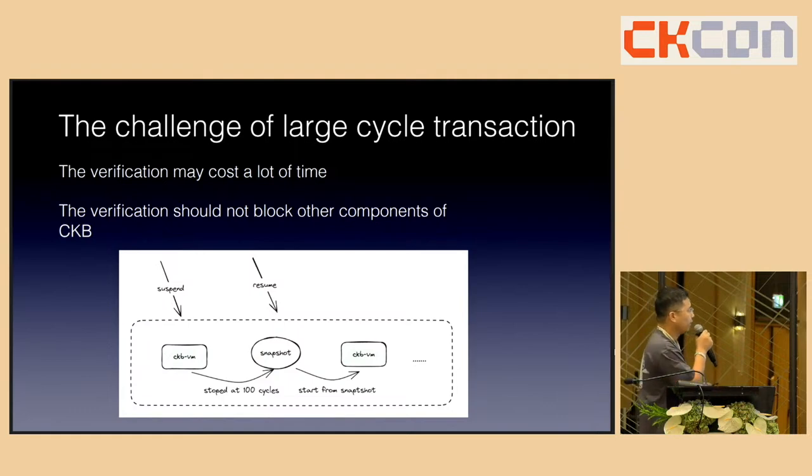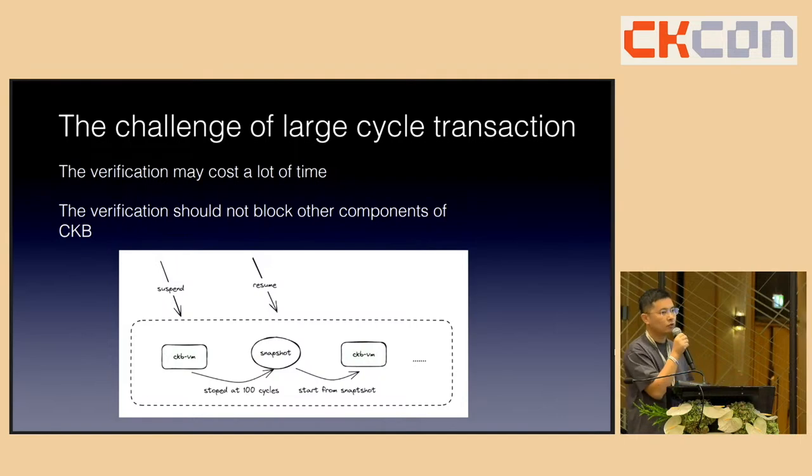But CKB VM didn't have good support for the scenario of suspend and resume. We need to set a maximum cycles when we start up a CKB VM. So CKB VM will stop at the cycles we have specified. Then it will dump a snapshot.